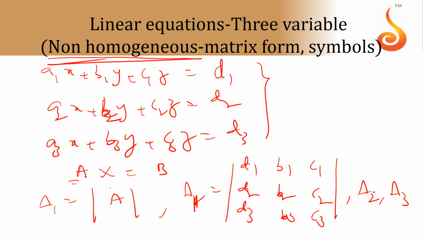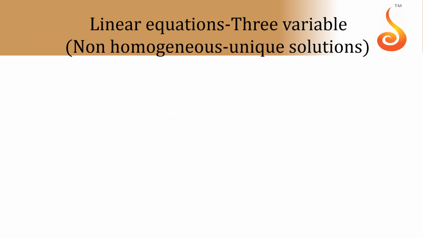Now let us discuss the cases. Unique solution. When will you have a unique solution? Did you observe anything? The 3 equations here represent 3 planes. So a unique solution means all 3 planes will have a common point. They all pass through a single common point. So what does it mean when that is the situation?